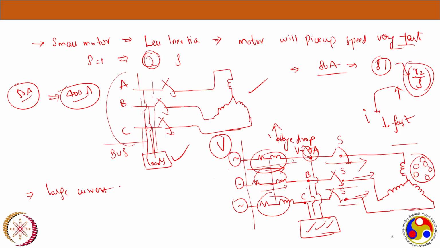So due to this large current, the voltage drop across your source impedance ZS increases, and then the voltage at ABC, this point, will reduce: V minus a larger drop.